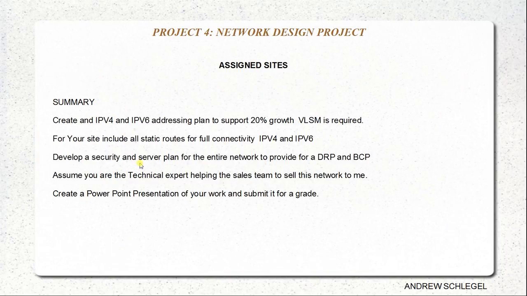Okay, so develop a security and server plan for the entire network for a BRP, BCP. Again, include all the component and system security. System security is things like if I'm transferring my data over the internet, how do I secure that data?